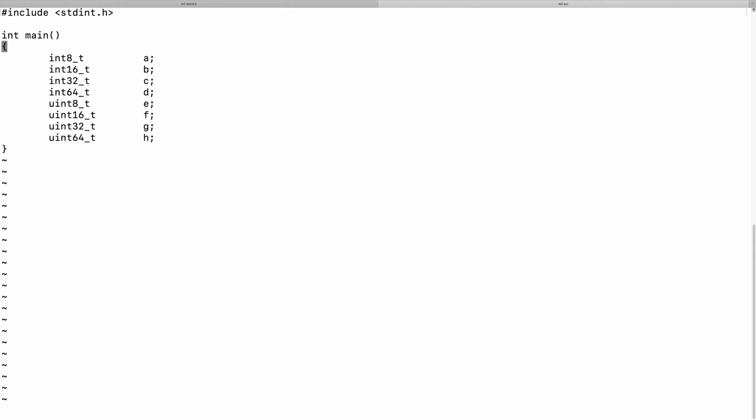If we have a compiler for a digital signal processing unit, then we may not have 16 or 32-bit integers, maybe instead 24-bit integers. So we cannot be sure that these exist. But if there are 16, 32 and 64-bit integer types, then these must be available as well. And they usually are for normal machines.